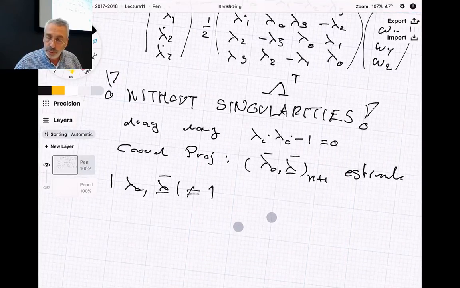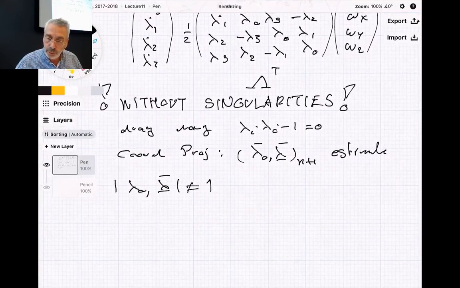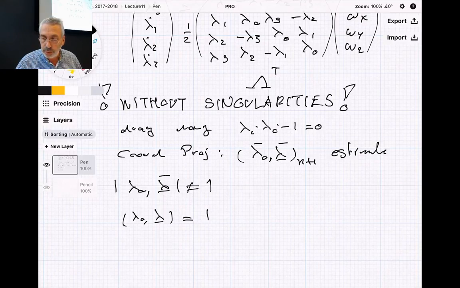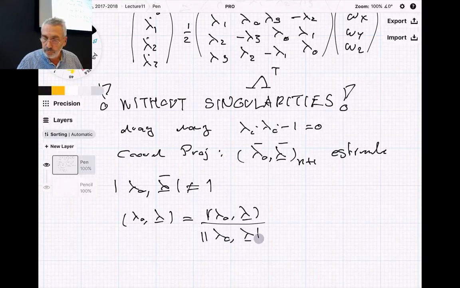So what you do is, you say, well, lambda 0, lambda vector is becoming, and then you just take the old ones, lambda 0, lambda vector, and you just divide them by the norm of these guys. And that's it. That's your whole coordinate projection method. That's the shortest route to get back. So just renormalizing. And that works, of course, because you only have one constraint. So that's a pretty simple way of keeping your coordinates on the constraint surface.